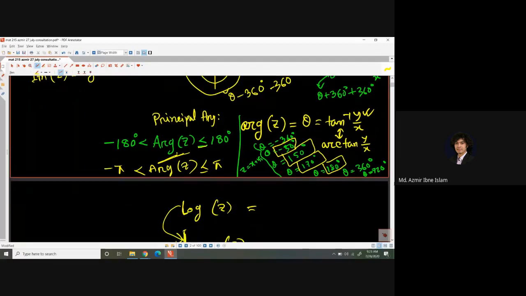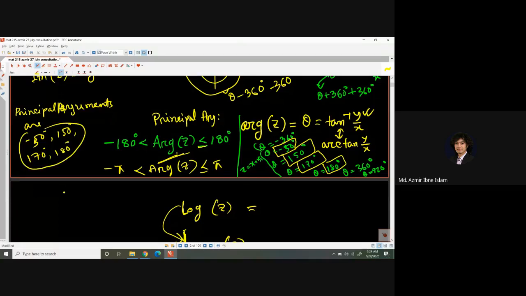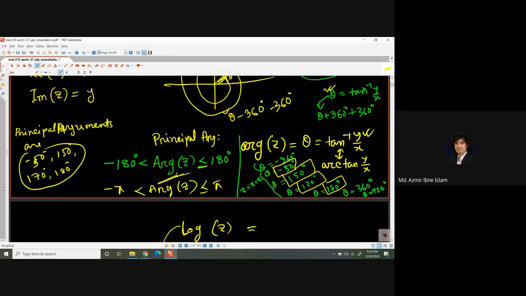So out of all these angles or arguments, the principal arguments are, let's say this is capital A, negative 50 degree, 150 degree, then 170 degree, then 180 degree. So all these are principal arguments. Is that okay?